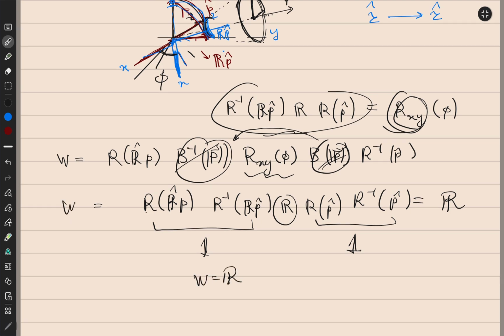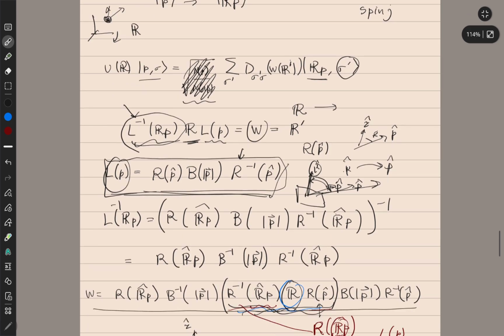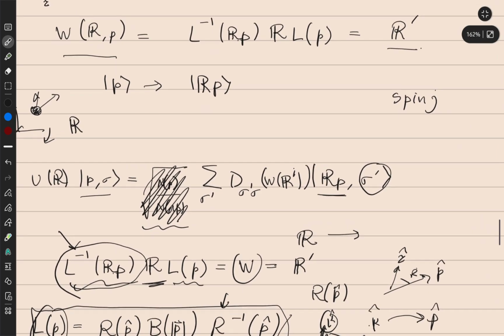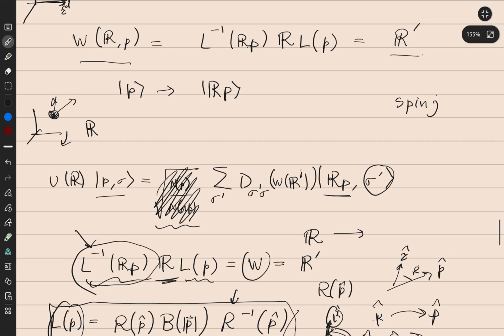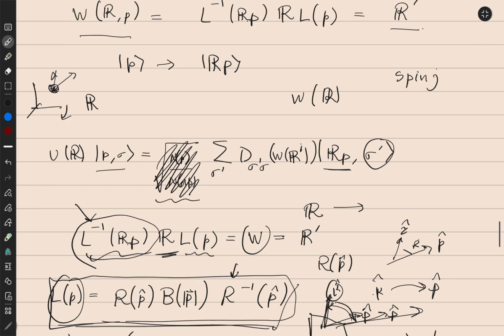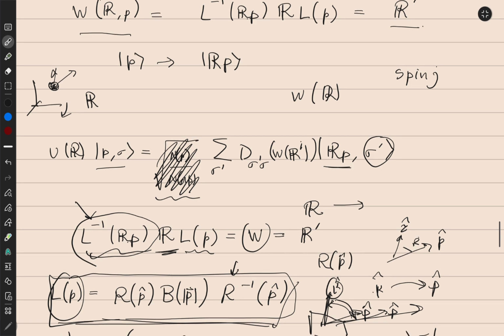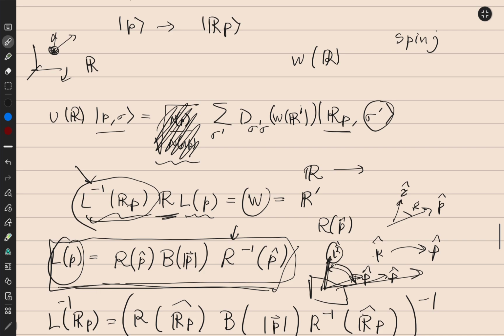What does that mean? So in the bigger picture, it just means that the representations of W would correspond to the same rotation R as the rotation of the Lorentz transformation itself. So that's a consistent thing, right?